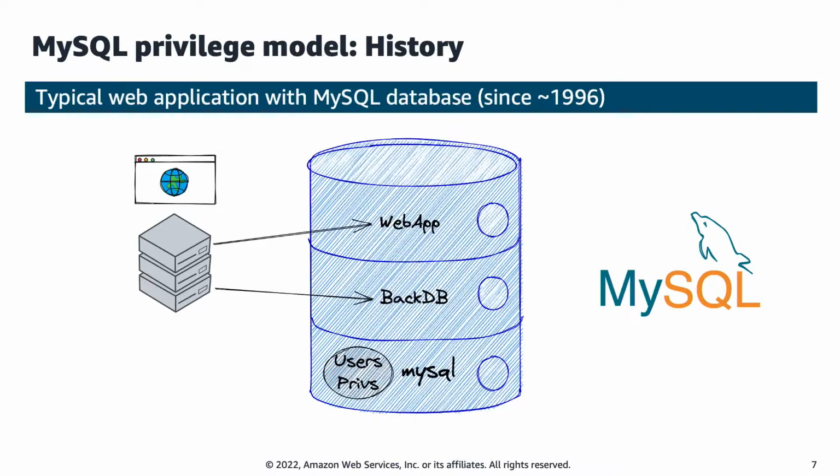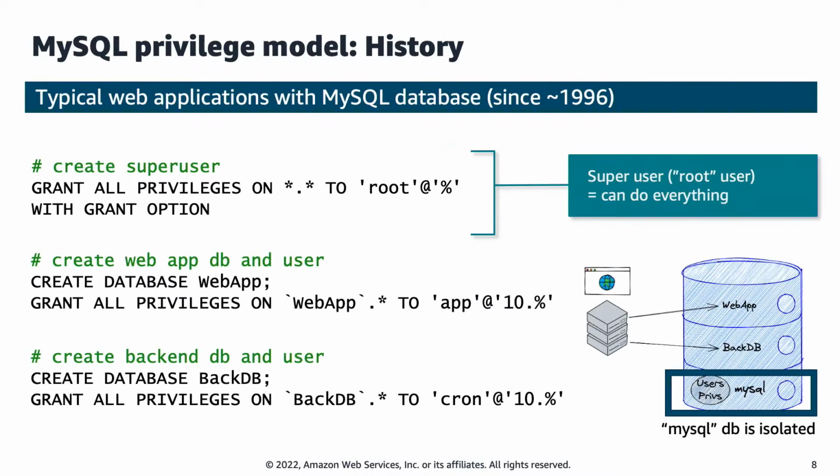When we configured our application to work with the MySQL database, again, this is all historical stuff, typically we had 3 users. The first user is our root user, the root user that is created when you install MySQL, and it has every privilege on the database.